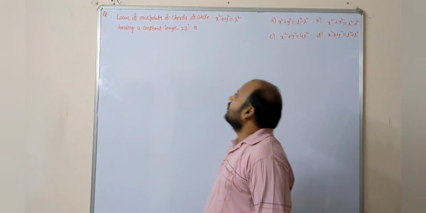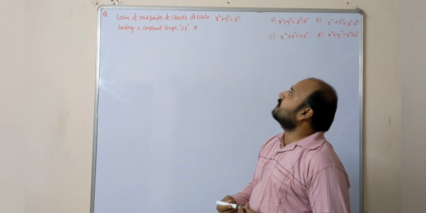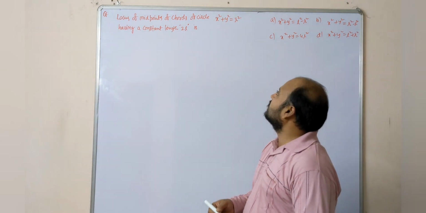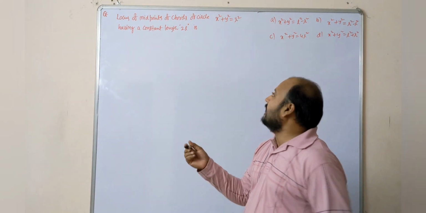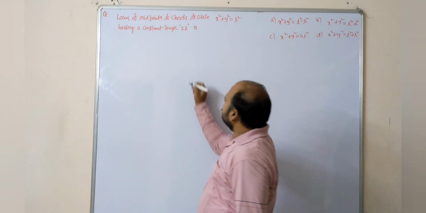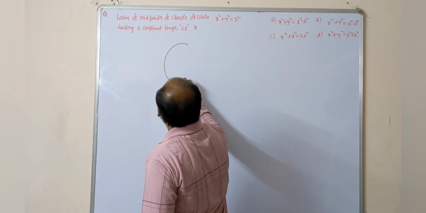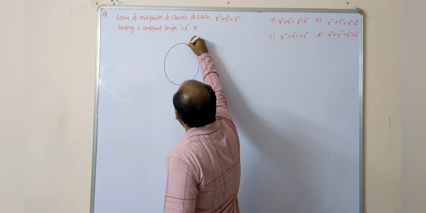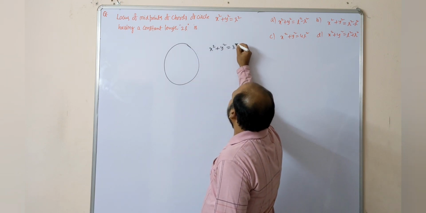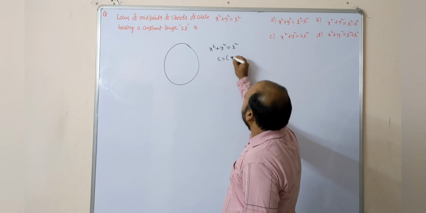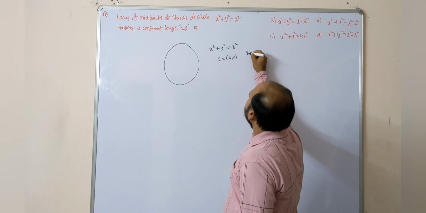The next question: the locus of midpoints of chords of the circle x square plus y square equal to r square, having a constant length 2l, is; options are given. So this is the circle equation, x square plus y square is equal to r square. That means its center is (0, 0) and radius is r.